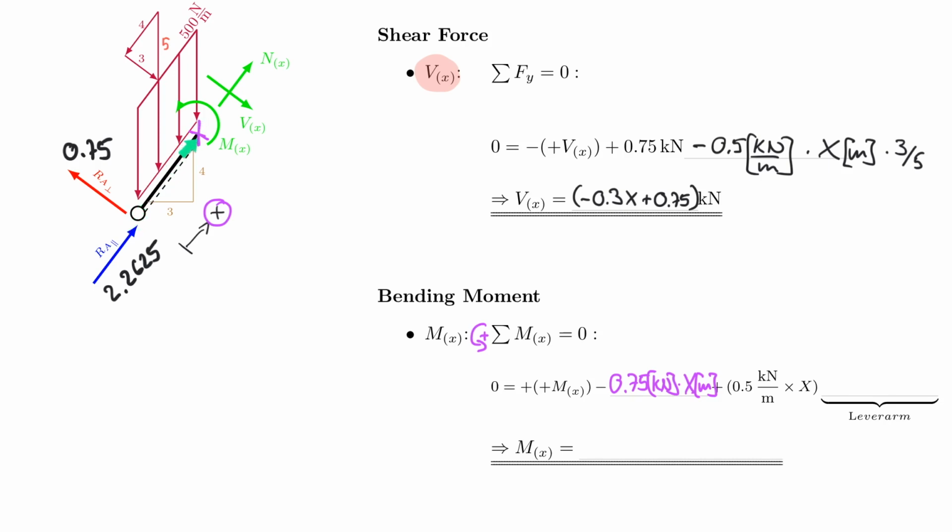And now I have to be careful because I need to account for the lever arm, which is pretty much half the distance along here. But keep in mind that this 3 now needs to be expressed in terms of x, because x technically grows in this direction, and as x grows, the component in the horizontal direction also grows.